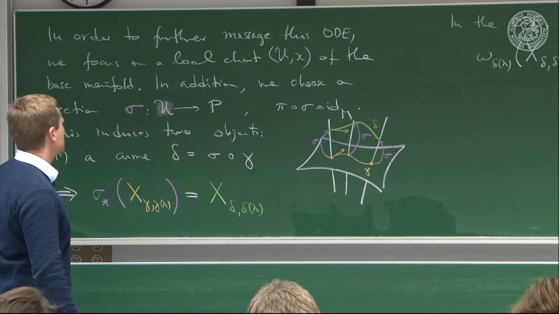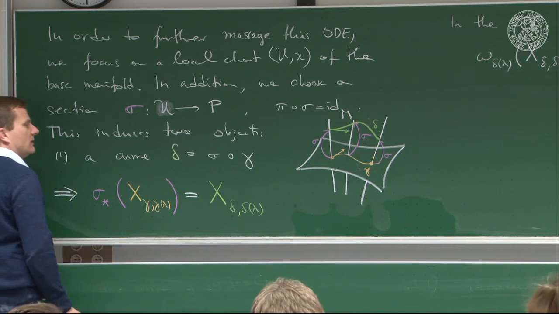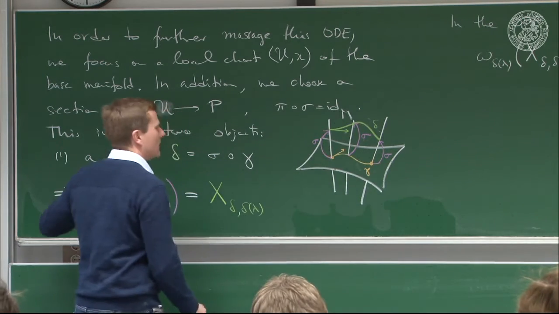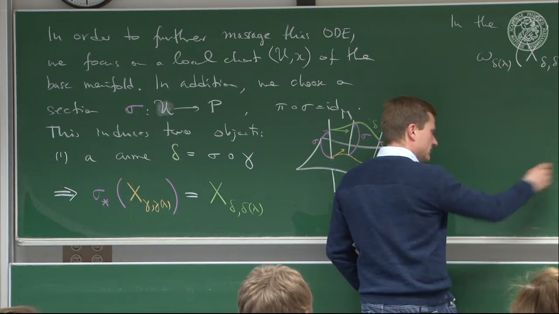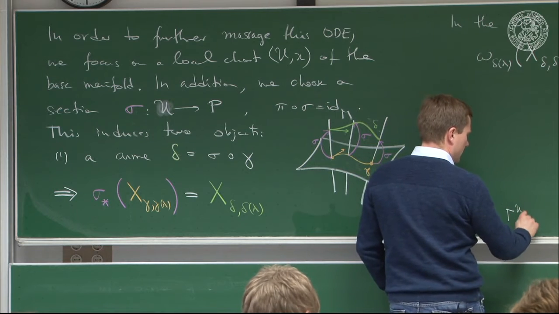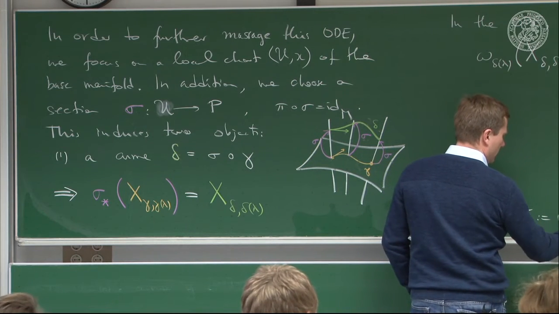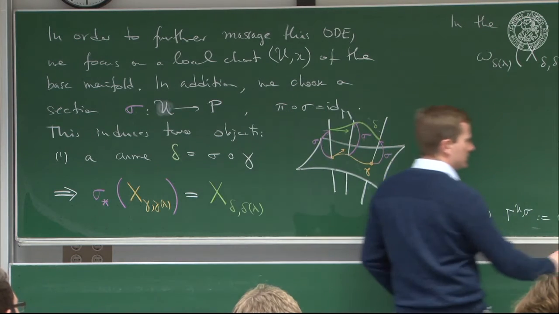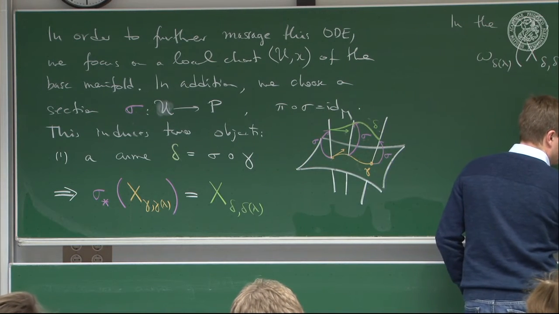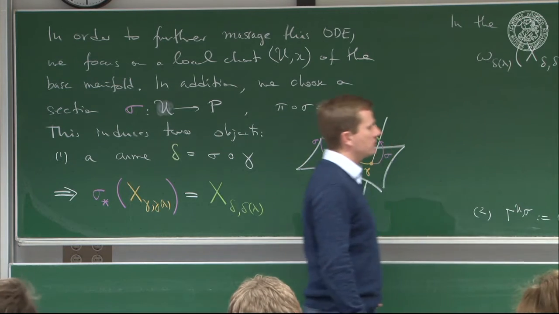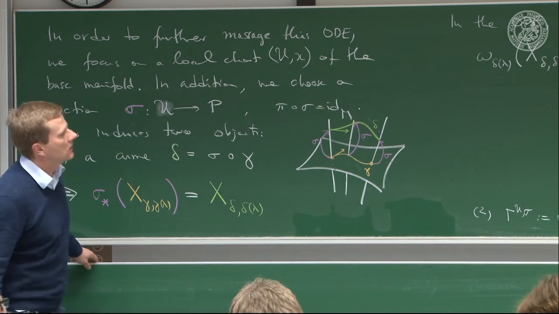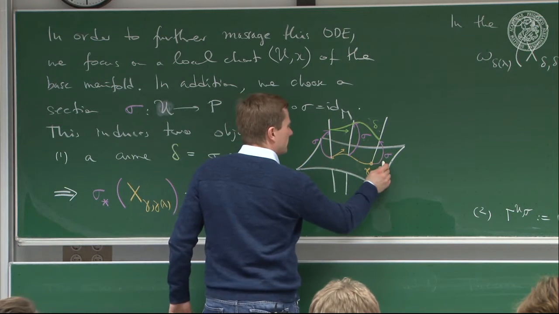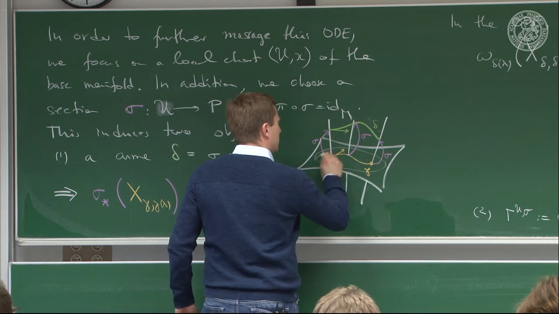Good. So I said this induces two objects. Well, this is the second object I meant. It induces this gamma u sigma as the pullback of the one form. Okay, that's the Yang-Mills field, which we already used in there. So that's the benefit of localizing the whole thing here.